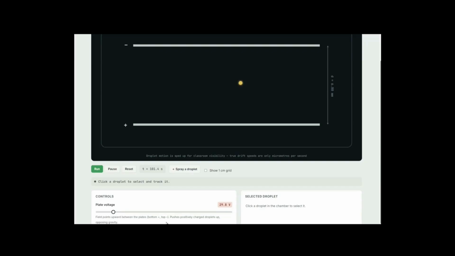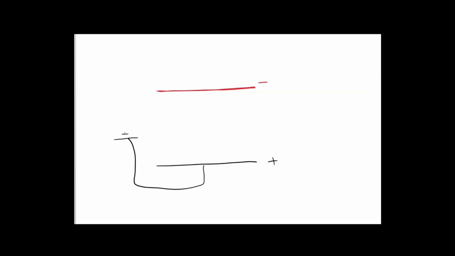So let's look at the maths behind that. At the top here, we have a negatively charged plate, and at the bottom we have a positively charged plate, and they're connected through, let's just say, a battery, something like that. And we have the oil drop here.